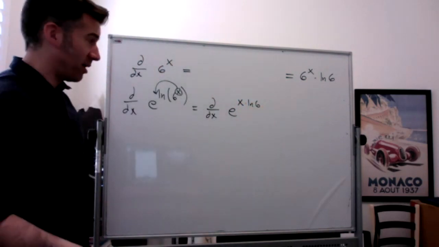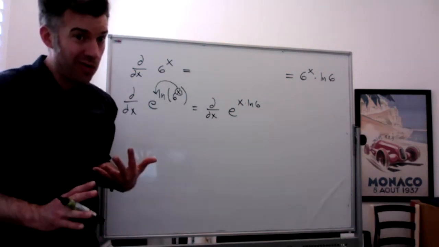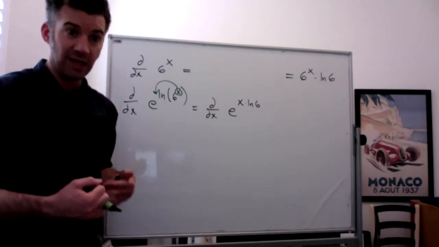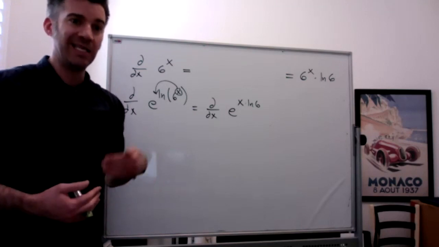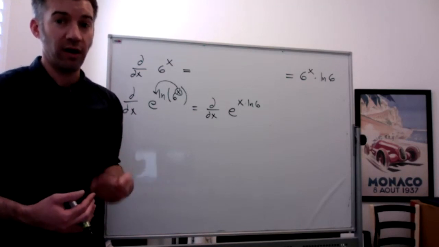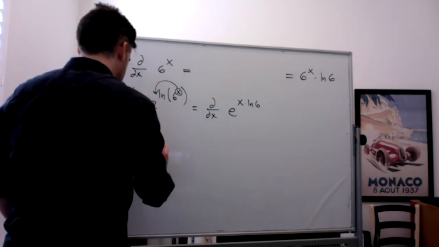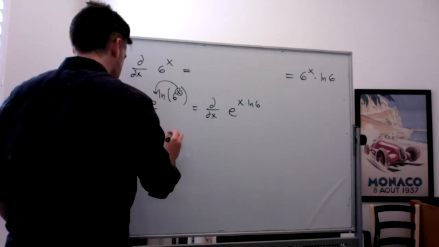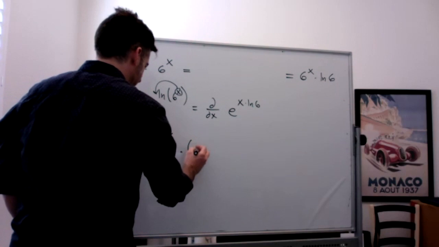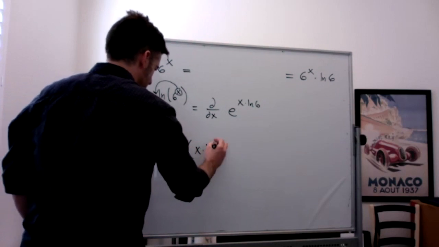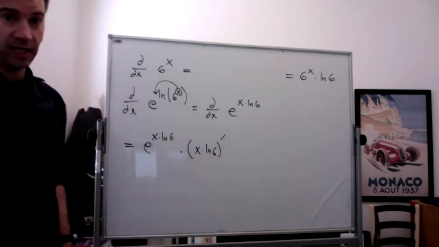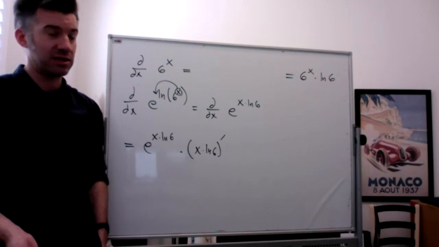Okay, now we're going to differentiate. And we know that the derivative of e to the stuff is e to the stuff times the derivative of the stuff. So that's going to be e to the stuff times the derivative of the stuff. I'm just going to write literally as the derivative of x times natural log of 6.